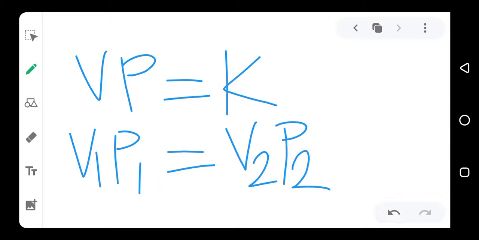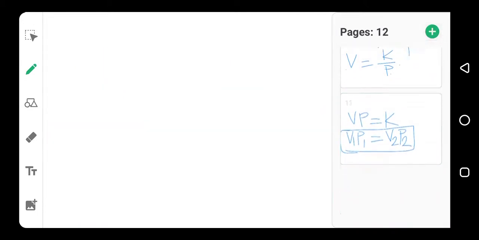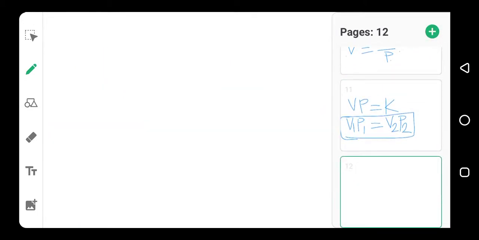This is the equation for Boyle's law, the mathematical expression: V1 P1 is equal to V2 P2.